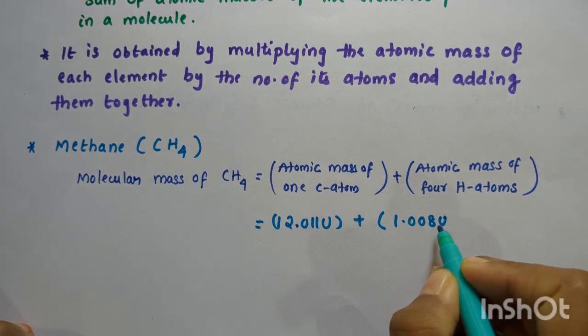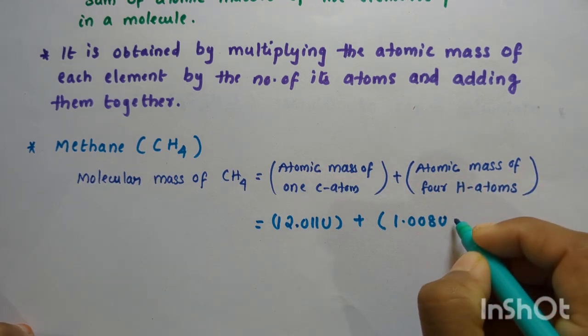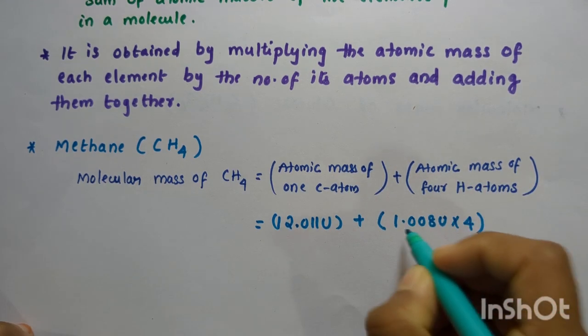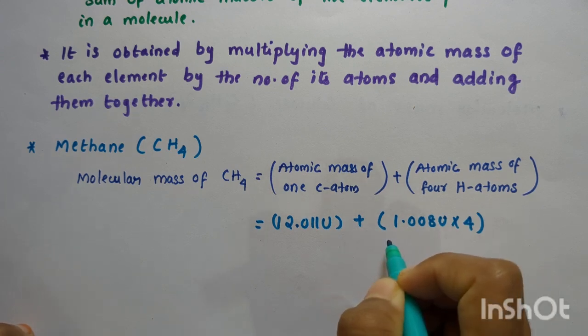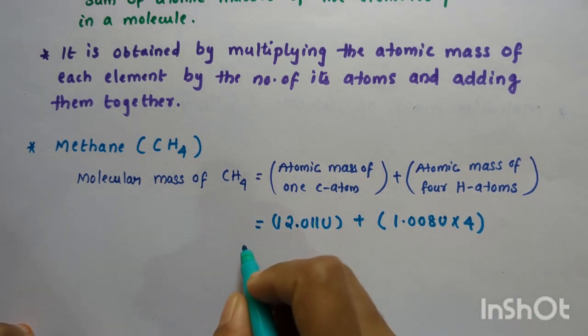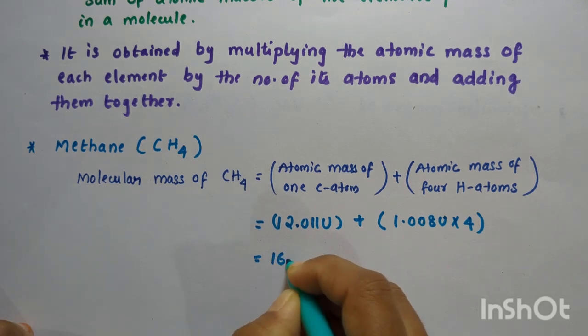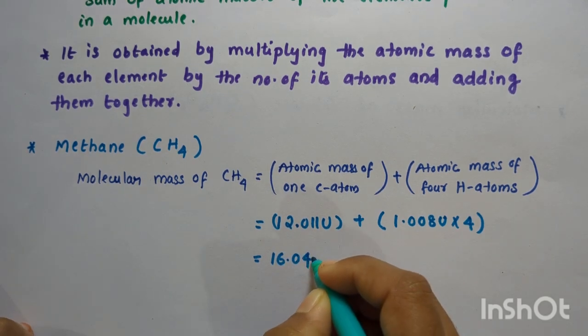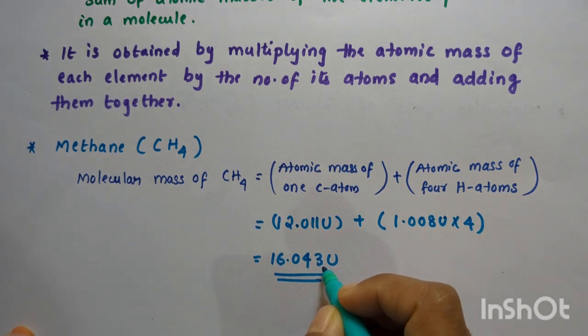So the atomic mass of hydrogen is 1.008 u, the number of hydrogen atoms is 4, so we multiply them. Now add these two. That will give you the molecular mass of CH4. When you add these two, you will get 16.043 u, where u means unified mass.